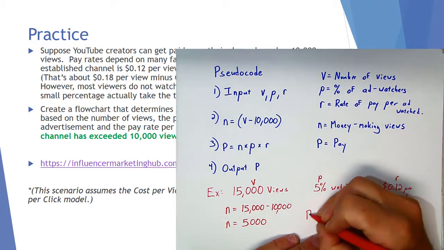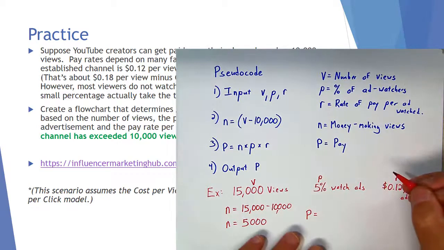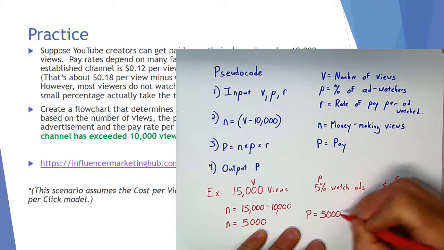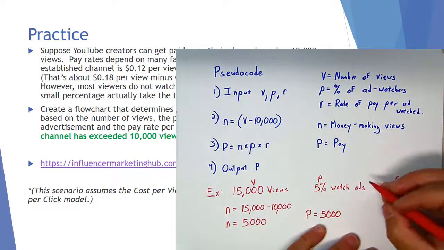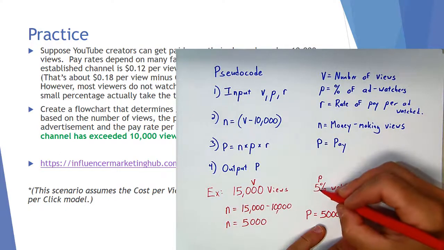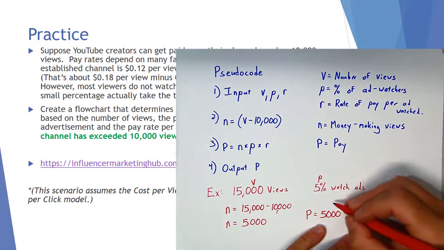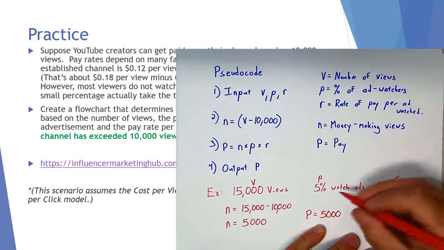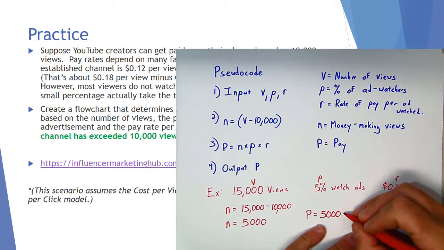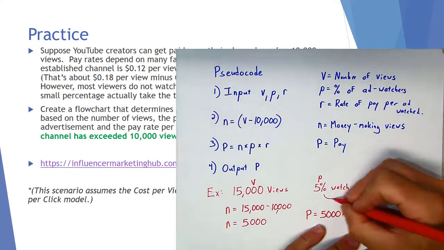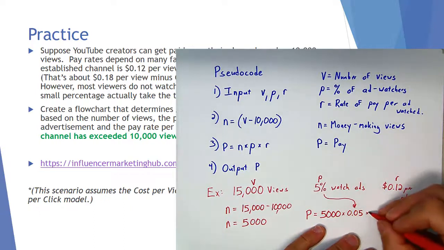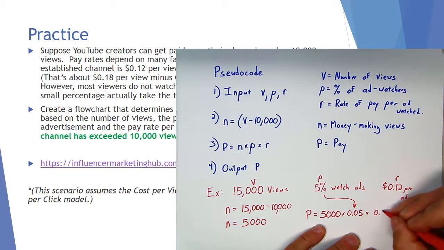And then the amount of pay we're going to get is 5,000 views, but only 5% of those are going to watch the ads. Now we are going to assume that this is going to be in decimal form. You could divide that by 100 if you wanted to leave it in percentage form. That would be okay. So there's our 5%, and then we're going to multiply that by 12 cents per ad watched.